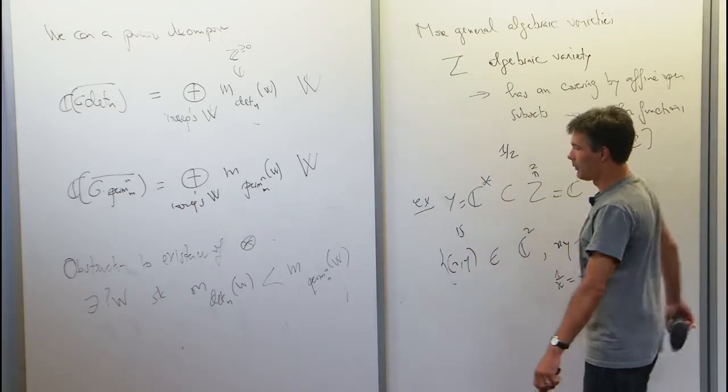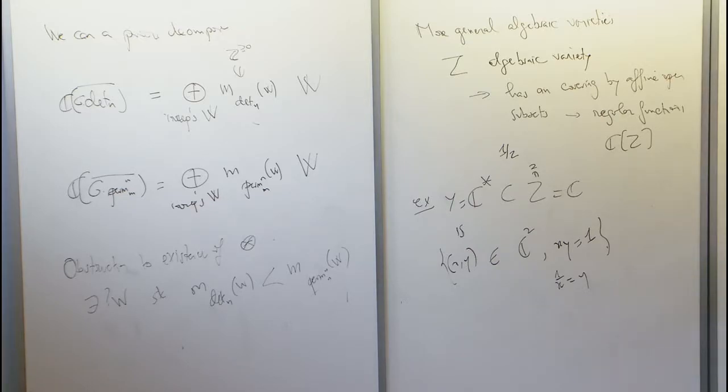If we can show there exists such a W, there cannot be a surjective map like that.